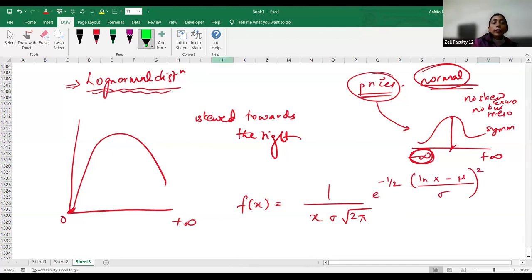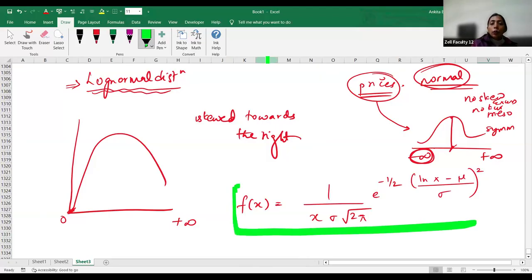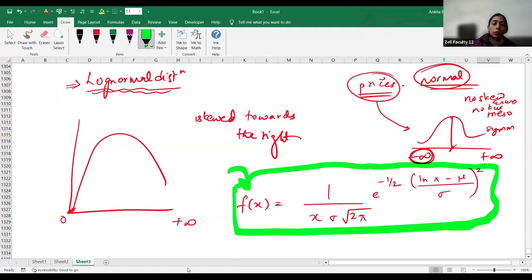Now, we are not looking at the derivation of this formula. This is how the probability function of a log normal distribution looks.